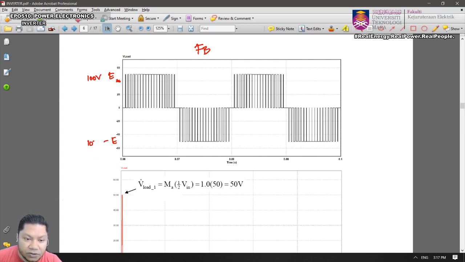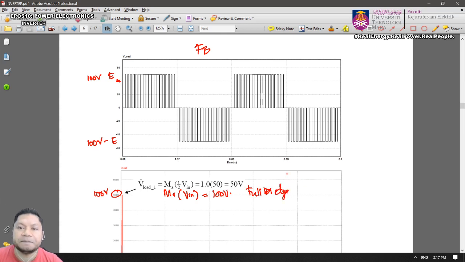This is also 100 volt. And if you look at the harmonic spectrum, that will change to 100 volt because now it becomes MA multiplied by Vin or E. So you get 100 volt, for full bridge operation, full bridge topology circuit.